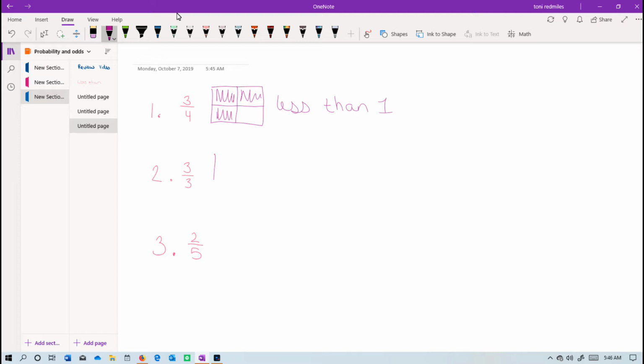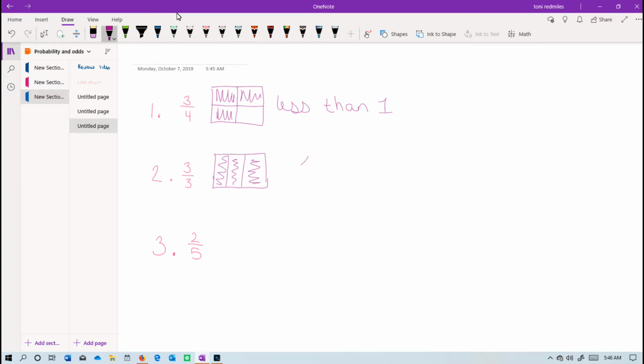Now in this one, I have 3 parts and all 3 are colored in, because the top number tells me how many are colored in, and we'll sidebar and talk about the parts of a fraction in a minute. This fills up the whole thing, so this one is not less than 1.